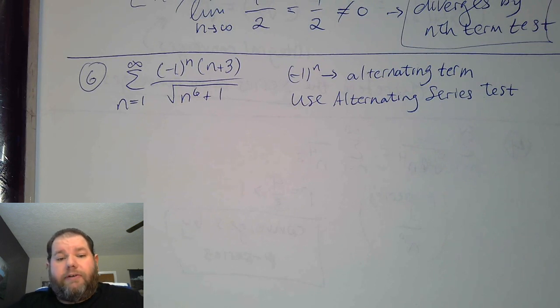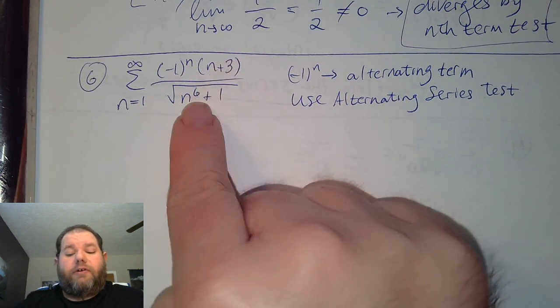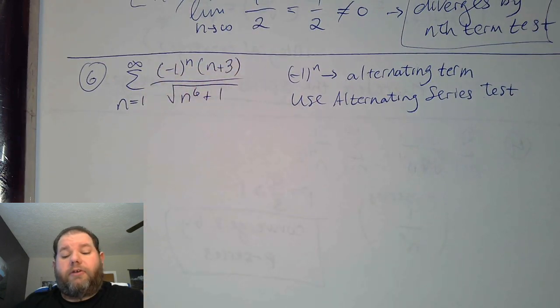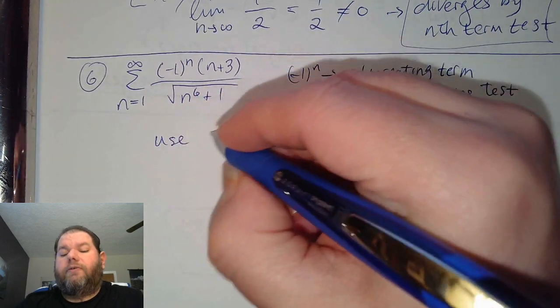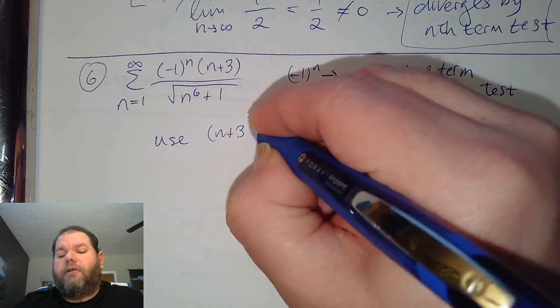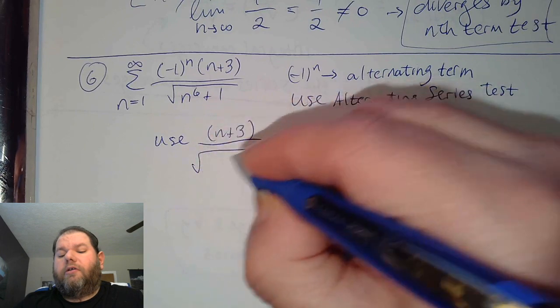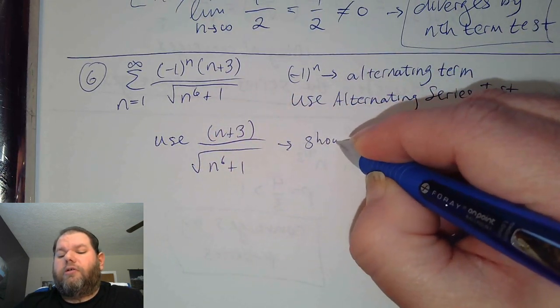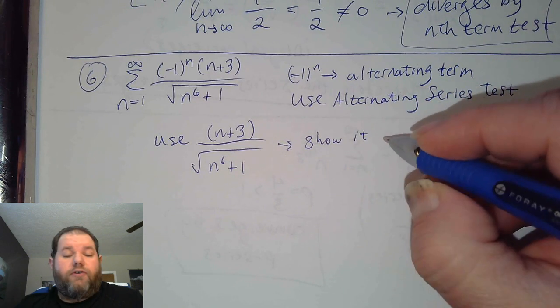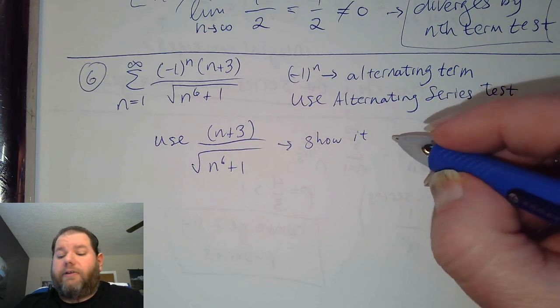And the alternating series test says that if we can show that this function is decreasing in its absolute value, now again we just focus on the non-alternating parts, so we use n plus 3 over n to the 6 plus 1, and then we want to show it converges to 0 and is decreasing.